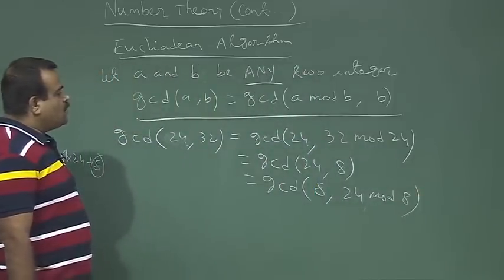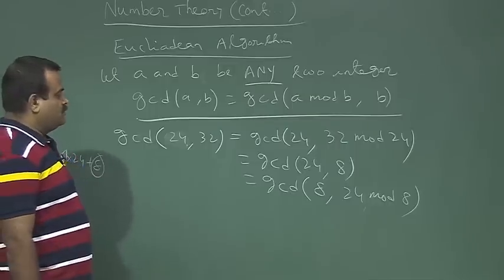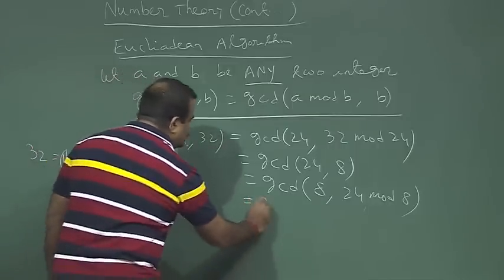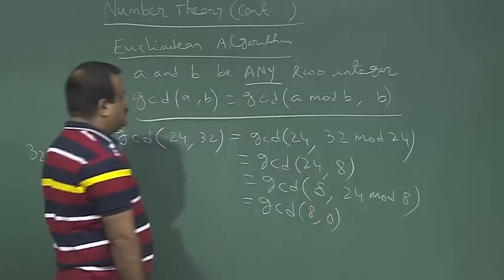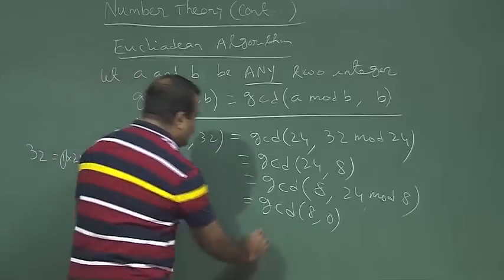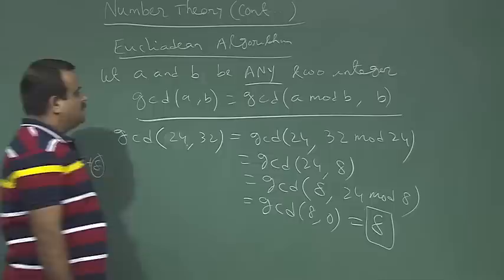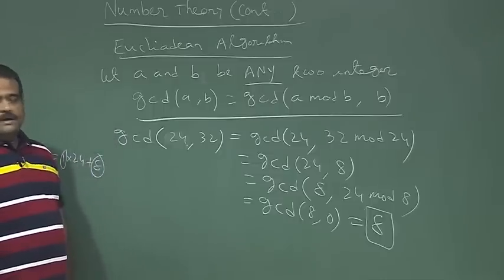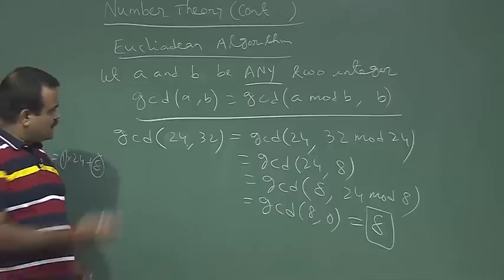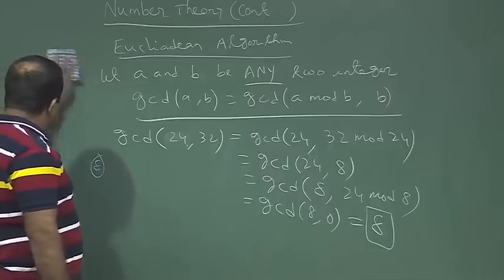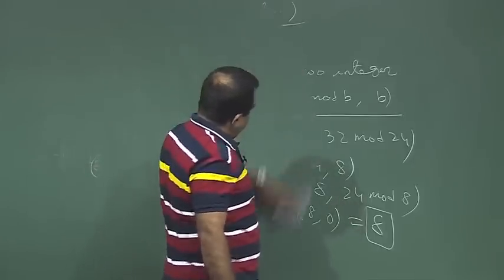Now, 24 mod 8 means basically 0, because 8 divides 24. So, this is basically GCD of 8 comma 0. So, GCD of a comma 0 is basically a. So, this is basically 8. So, 8 is the GCD of 24 and 32. So, this is basically what is called the Euclid algorithm.